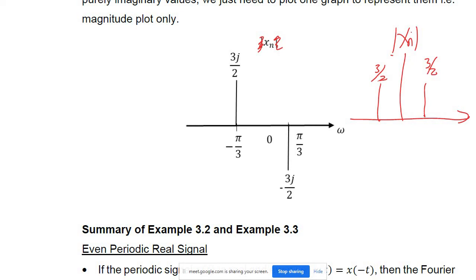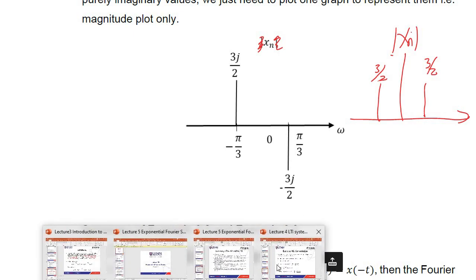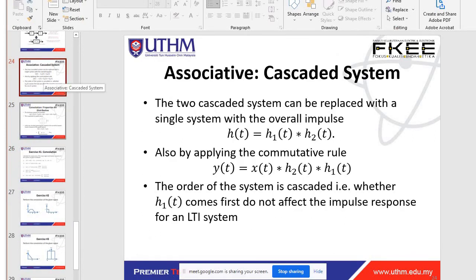All become positive. If X_n has positive and negative values, the modulus makes all of them positive. Then you go back to the slide.